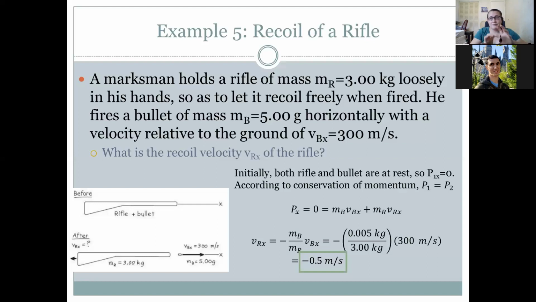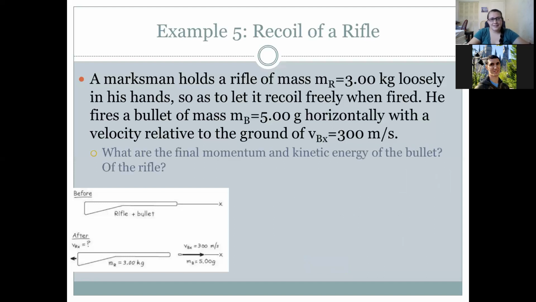Instead of just the mass of the rifle, it would be the mass of you plus the rifle. And so the velocity at the end would be a lot smaller for the rifle plus you. So keep that in mind, I guess, if you ever shoot a rifle, brace it against your shoulder because of momentum. Okay.